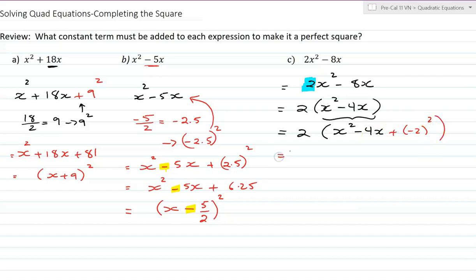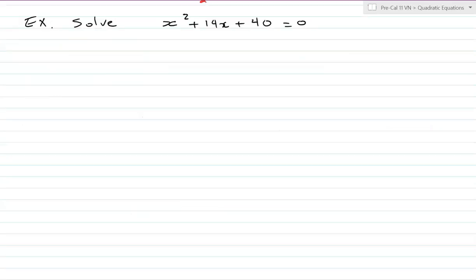And then your final answer will be 2 outside, x squared minus 4x plus 4, and then putting them all together will be 2 times x minus 2 all squared. The idea was that this is now the binomial squared, since x squared minus 4x plus 4 is a perfect square trinomial. Okay, let's go ahead now and solve a new quadratic equation.